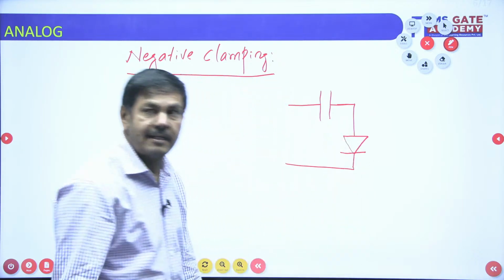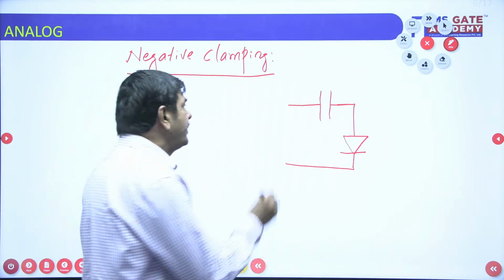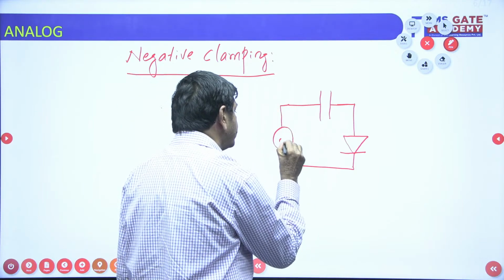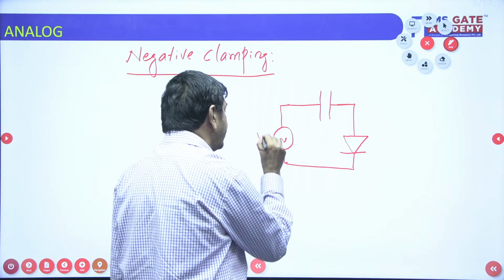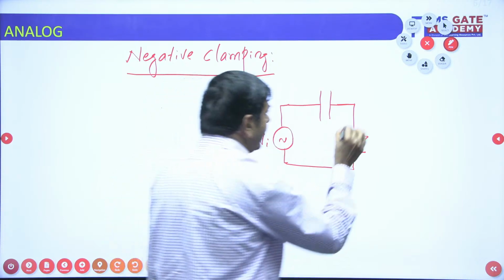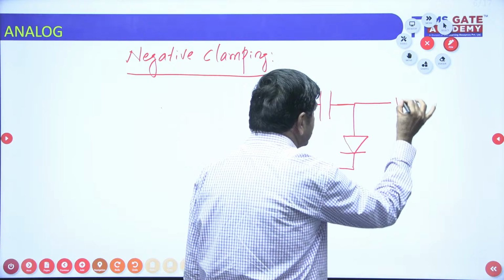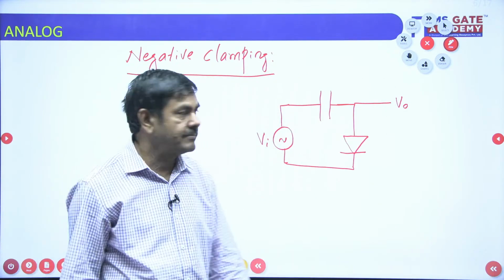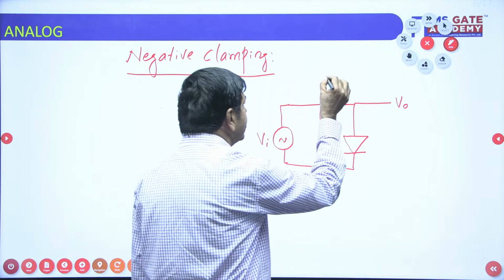In between these two terminals, I wish to connect an AC source. This is Vi. I wish to get V0 across the diode. This is the capacitor.